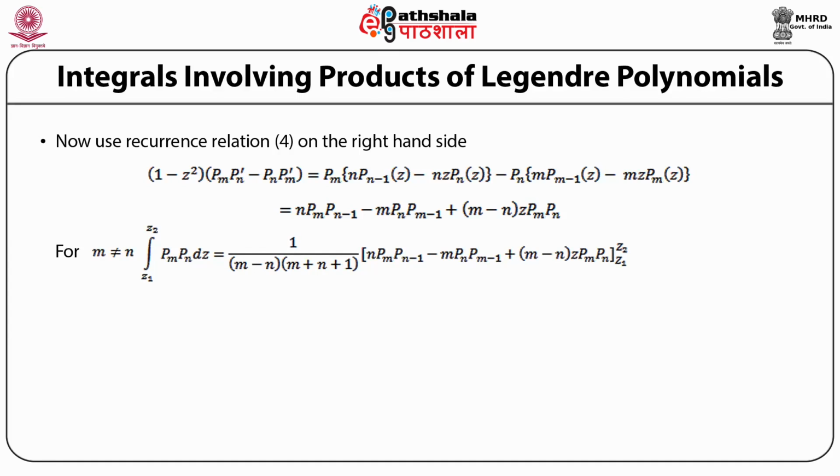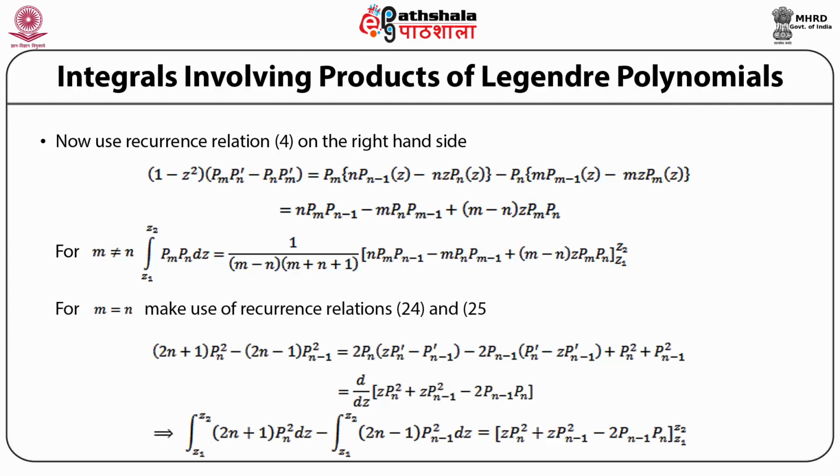Hence, when m is not equal to n, the integral over z from z1 to z2 of Pm Pn is equal to 1 by (m minus n)(m plus n plus 1), the entire thing multiplied by [n Pm Pn−1 minus m Pm−1 Pn plus (m minus n) z Pm Pn], with the limits substituted from z1 and z2. This is the required result for m not equal to n.